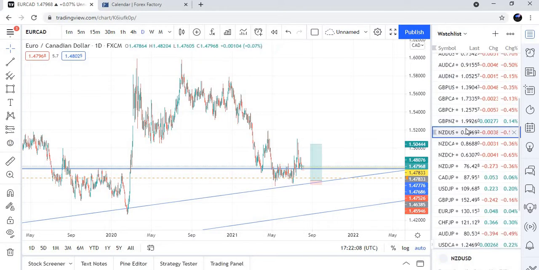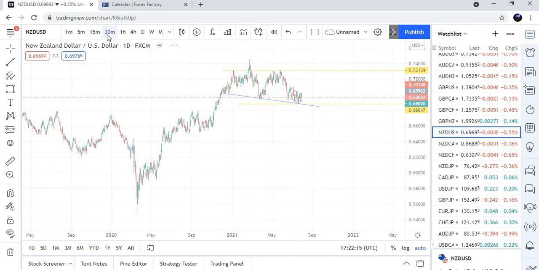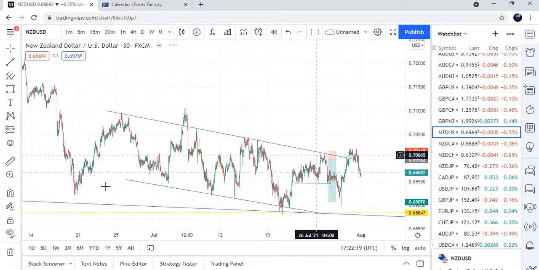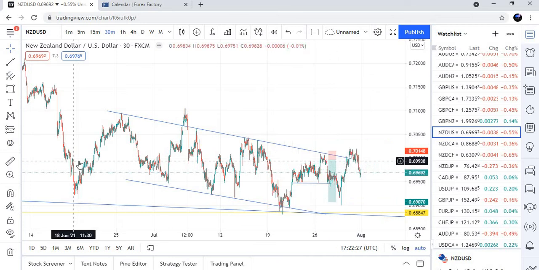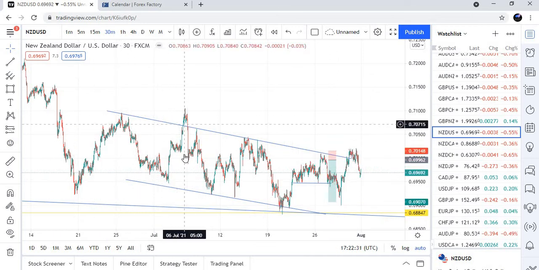The next pair that we're going to analyze is the New Zealand dollar to the US dollar. Let's move to a lower time frame. As you can see right here, these trend channels were part of what we used to send out the signal for the NZDUSD, and this is number 1, number 2, and number 3.